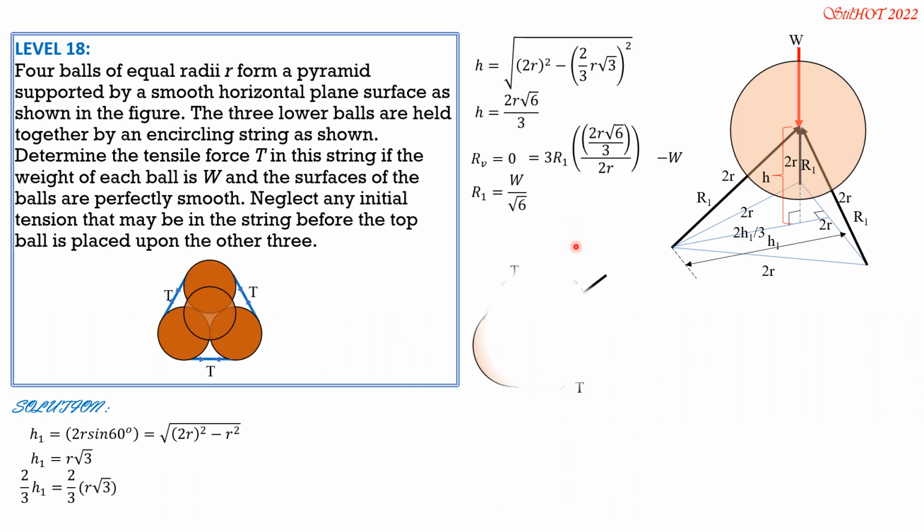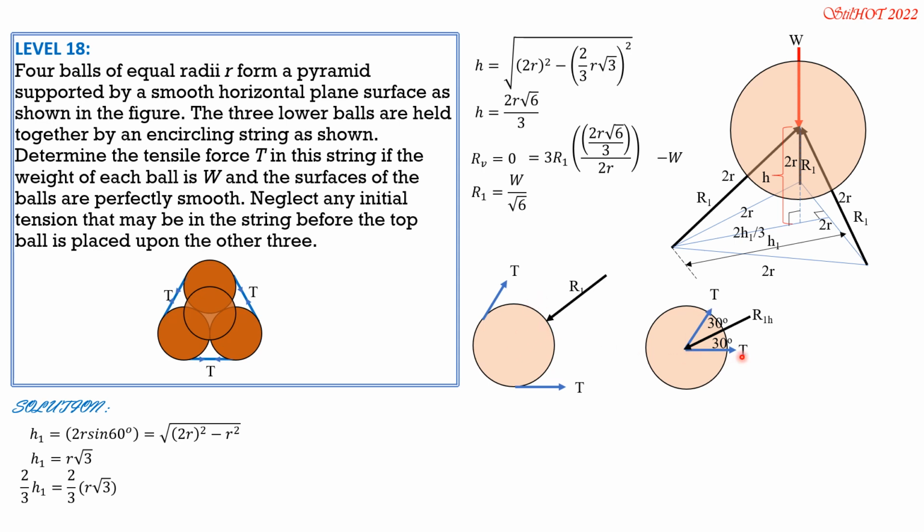Then we analyze this one. Let's say this sphere here. That's the top view, and this is also the top view. But we transfer T and T here because the angle here is 60 degrees. They are transferred to the center by the principle of transmissibility of a force. They are equal, same sense.